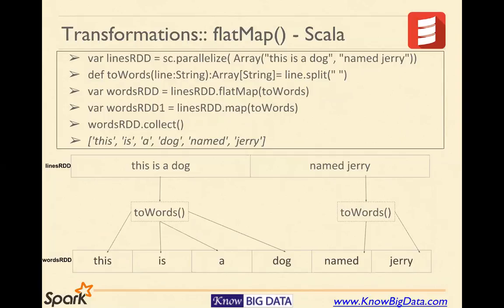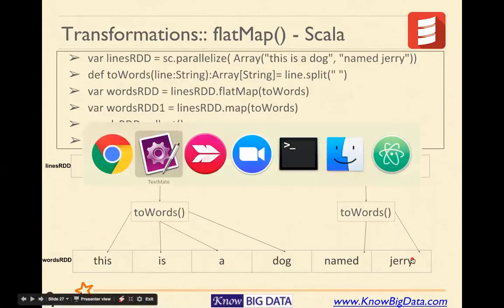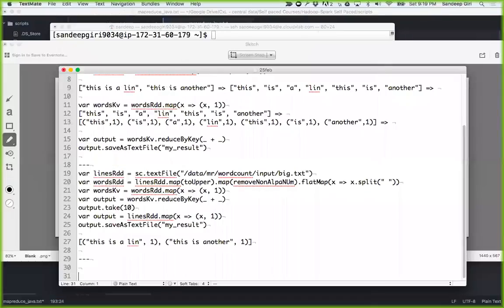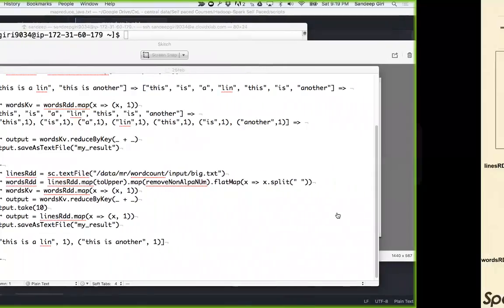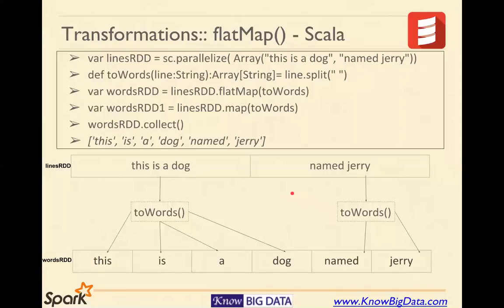So the number of output records in case of flat map could be more than input records.